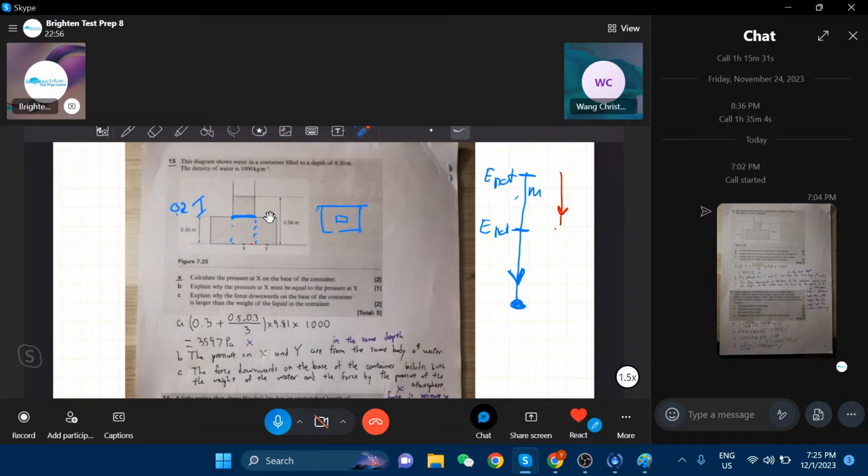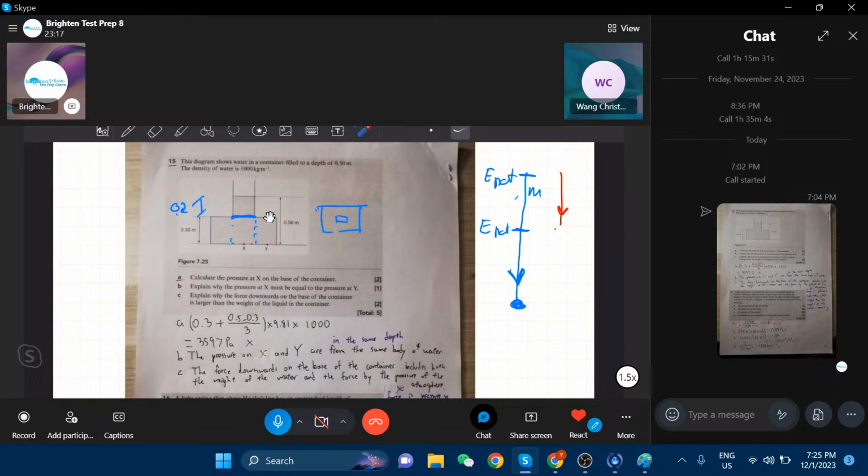Then I have G, so I have a force. And then I have to apply the height. The height is already applied because this is part of the mass. In other words, the force is higher simply because there's more water. That's it.